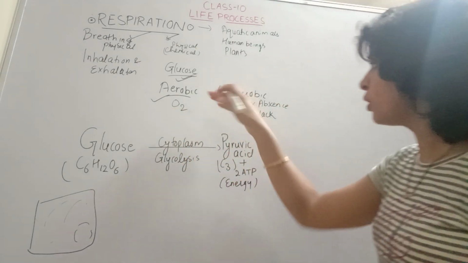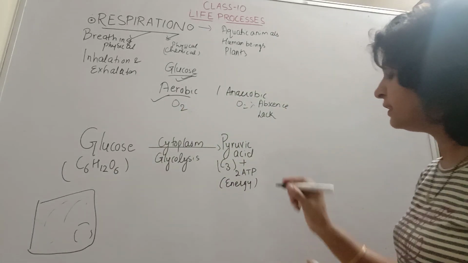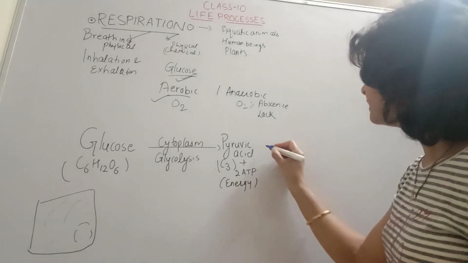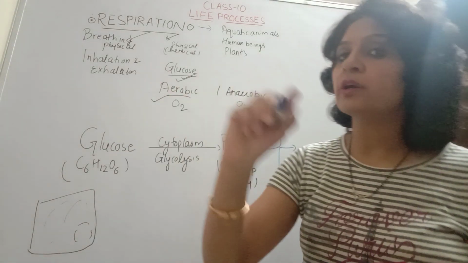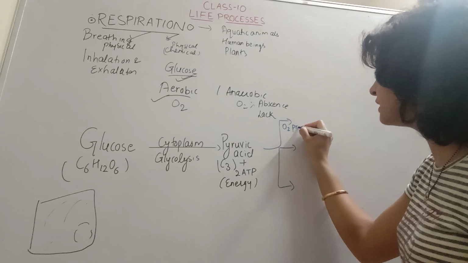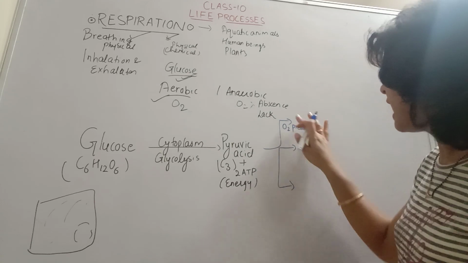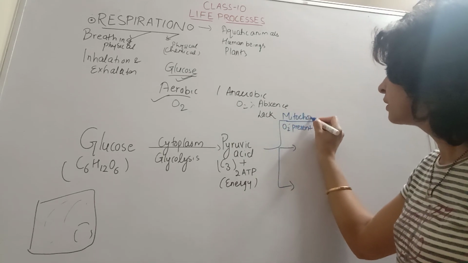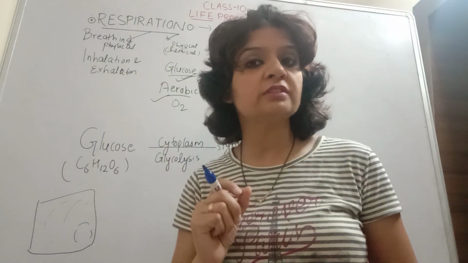Now, depending upon the availability or non-availability of oxygen, this pyruvic acid will undergo 3 different stages, depending upon whether it needs oxygen or not. If oxygen is present, then it goes to the mitochondria. Mitochondria is the powerhouse of the cell.